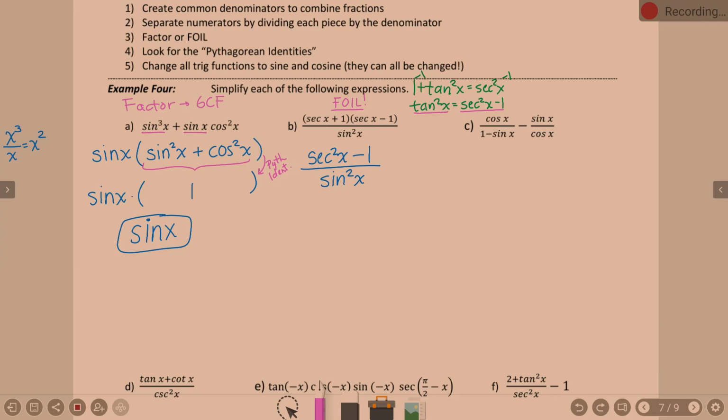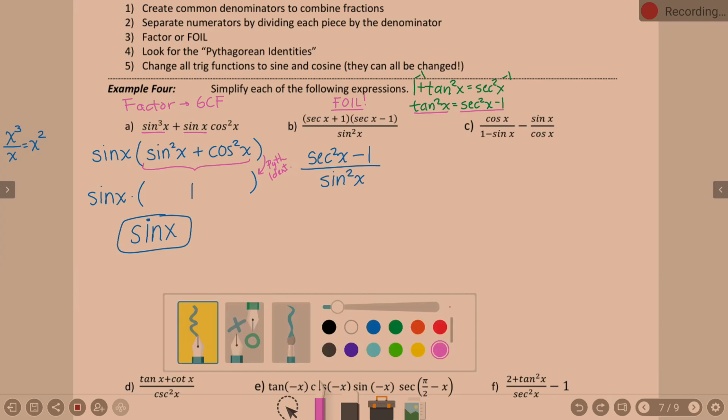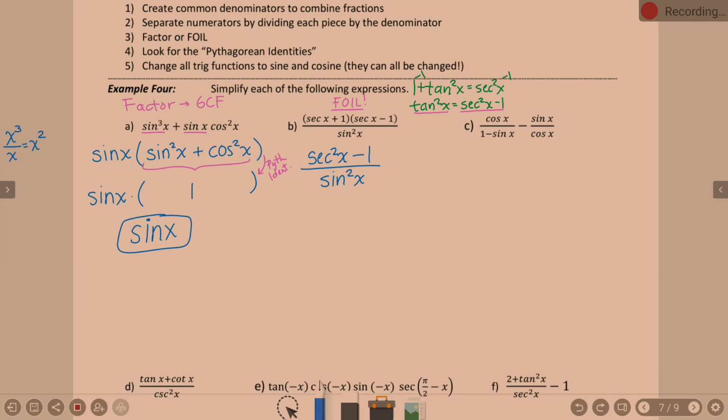Okay? So let's do that. Secant squared x minus 1 becomes tan squared x, still over sine squared x. If you want to write yourself a note, how did we get there? We used a Pythagorean identity.